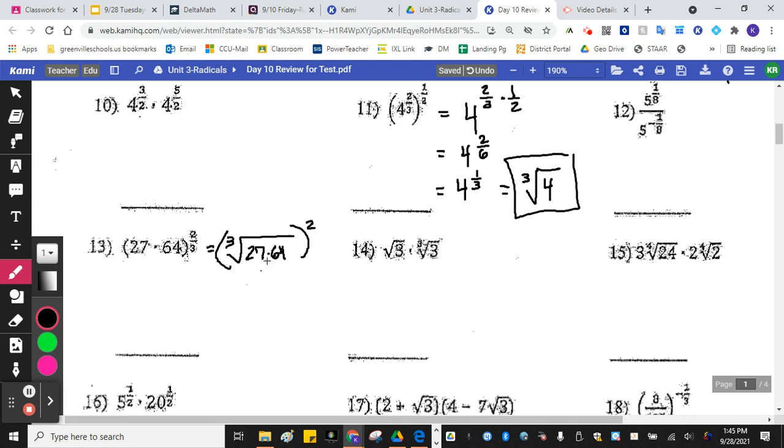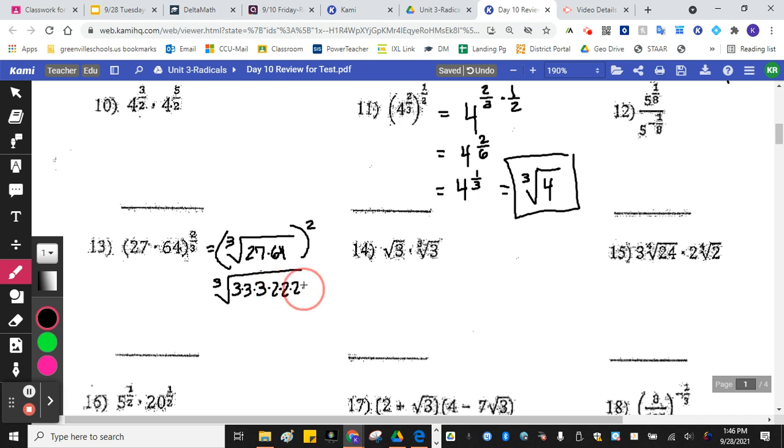You can multiply these two numbers together, but then you have to break down a bigger number. Does that make sense? So there's really no point in multiplying them just to break them down later. Might as well just break down 27 as 3 times 3 times 3. And 64 is 4 times 4 times 4.